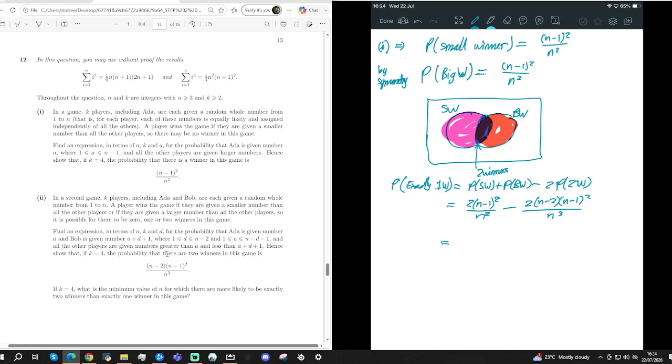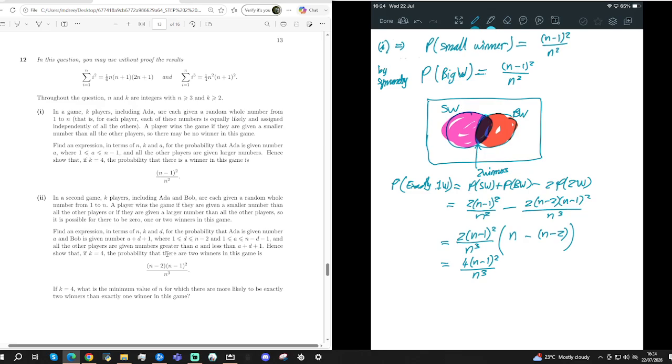Again, let's try and factorize what I can. I've got a 2, I've got an n-1 squared, I've got an n cubed, leaving behind an n on the first one minus an n-2. The n's cancel, leaving behind a plus 2. So that's going to be 4 lots of n-1 squared over n cubed. Okay, nice. So the probability of exactly one winner is given as that.